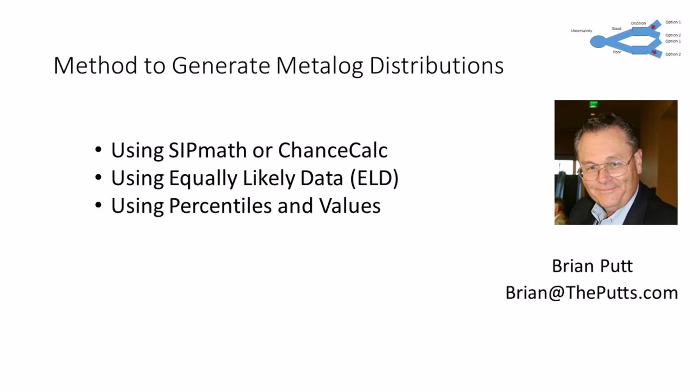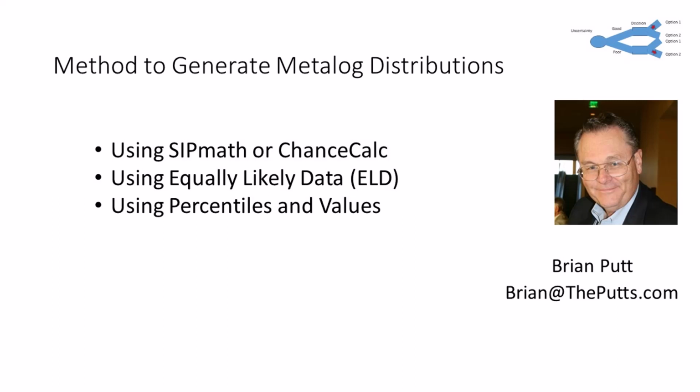However, if you need more terms, then there's the equally likely data, if all your data has the same probabilities. And there's a file out there on the Metalog Distributions website for downloading that. I have a video to make Metalog distributions from equally likely data.